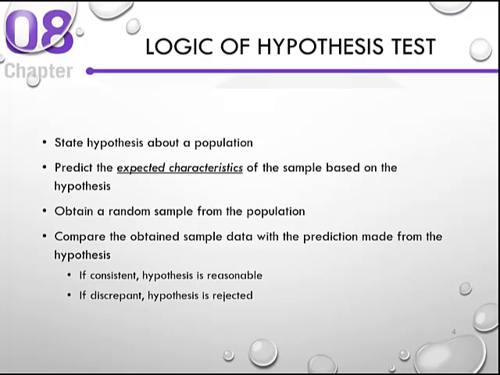And I predict that when we take a random sample of professors, we will find there's a higher income for males. So I go out, I take a random sample, and then I compare the results from my sample to the hypothesis. If it is consistent, then my hypothesis is reasonable. If my data suggests otherwise, so maybe there is no difference or females actually earn more, then my hypothesis would be rejected.